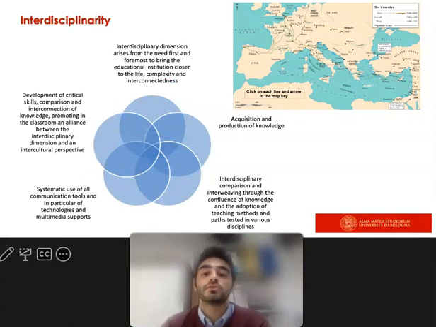Since the goal of the school is to form the student as a citizen, the need to develop an interdisciplinary dimension arises from the need, first and foremost, to bring the educational institution closer to the life, complexity and interconnectedness of human phenomena that, today more than ever, find evidence in globalization, in the internationalization of economic and trade exchanges, in the impressive migratory phenomena, in politics and in so many other areas.